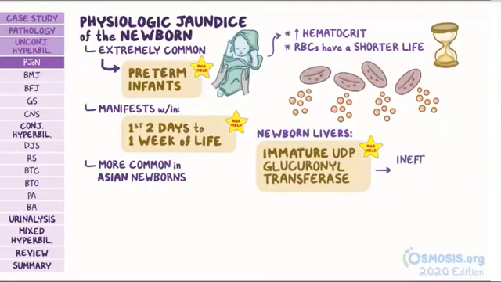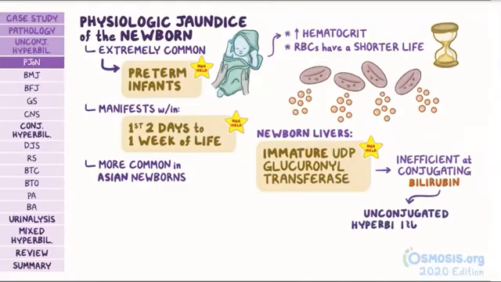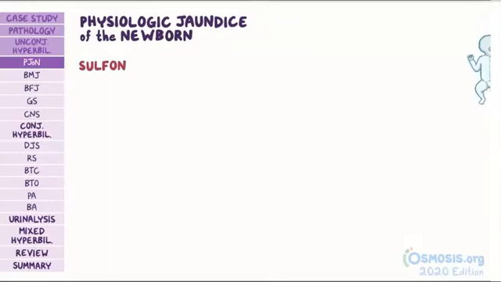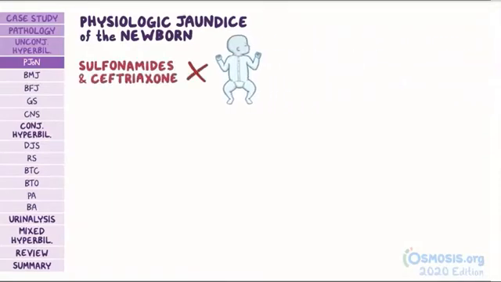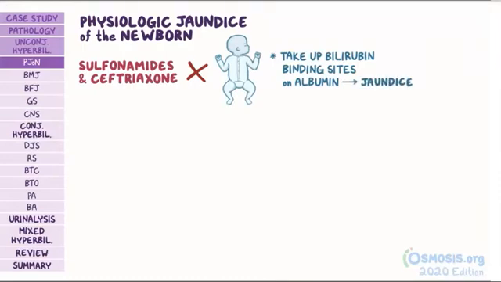Therefore, they're inefficient at conjugating this bilirubin, and this eventually leads to unconjugated hyperbilirubinemia. It's important to note that sulfonamides and ceftriaxone should not be given to neonates and infants due to their ability to take up bilirubin binding sites on albumin, thereby exacerbating or facilitating jaundice.